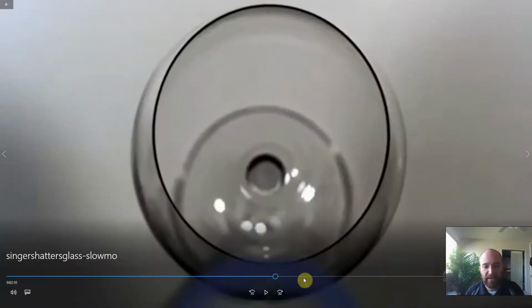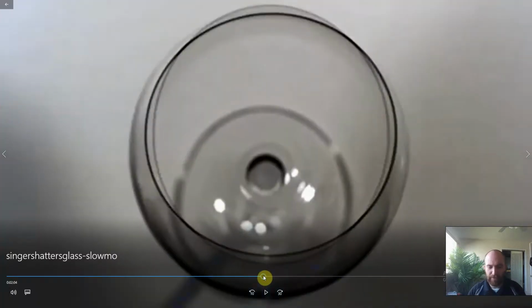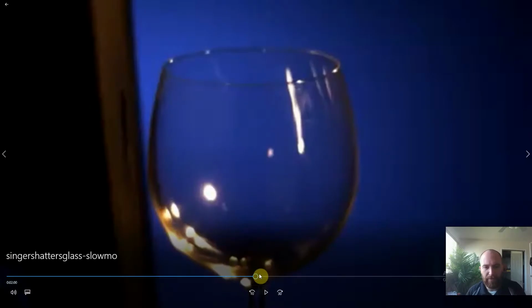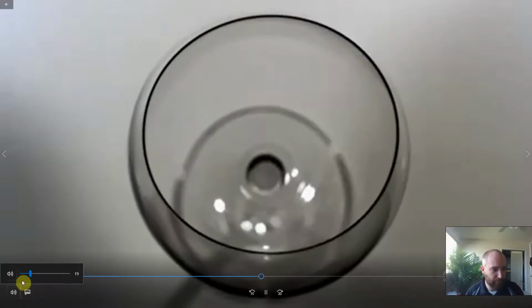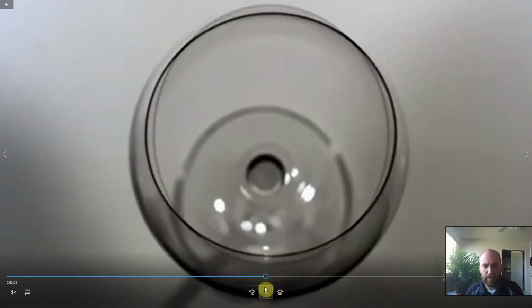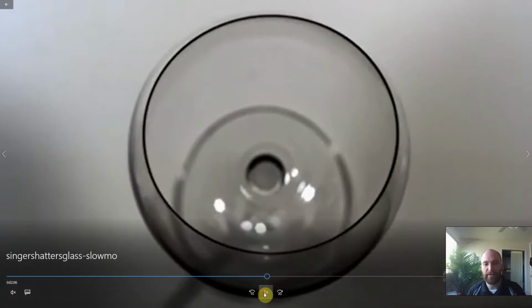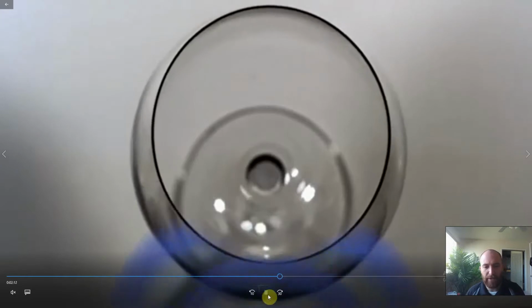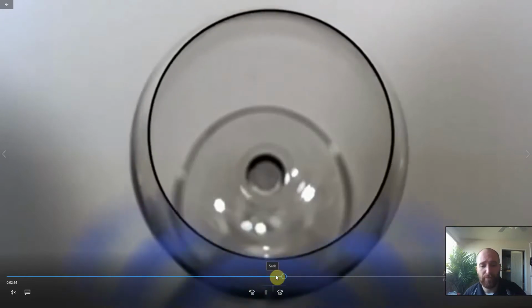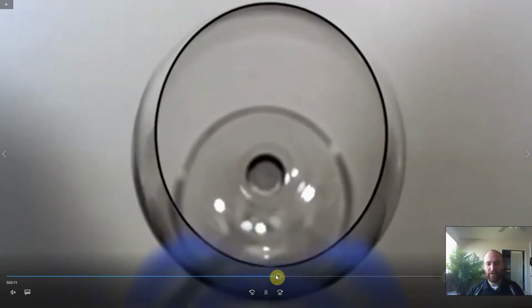Now I did say that timing has to be just perfect, so here we'll look at why. This is another person who shatters glass with a speaker. Again, in slow motion, you can see the glass vibrating. Towards the bottom, they show the wave fronts coming out. You see how the timing is just perfect to push the wine glass, meaning every time it stretches downwards, that wave pushes it forwards.